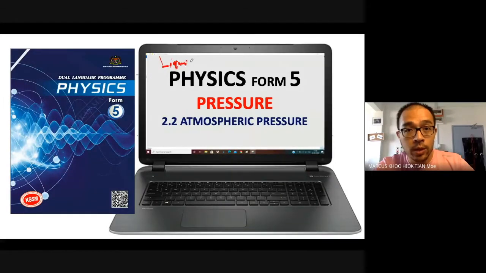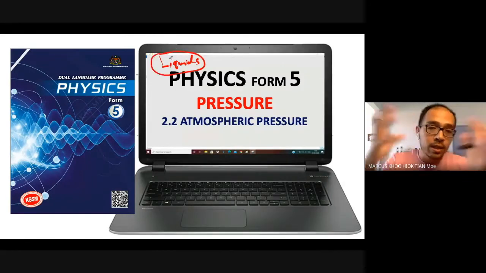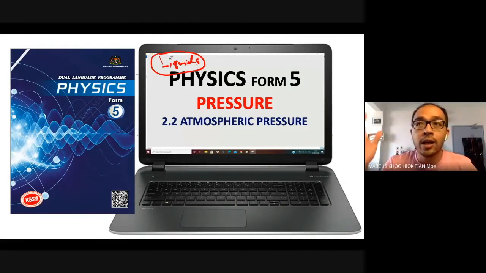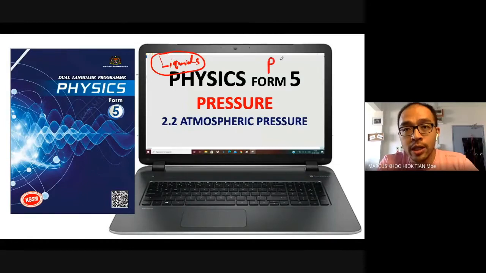Liquids in a certain container put pressure on any object underneath, because of the weight of the liquid. We looked at the formula for pressure in liquid, which is P equals rho g h, and we will be talking about this in a little while, maybe in the next class, but not today.